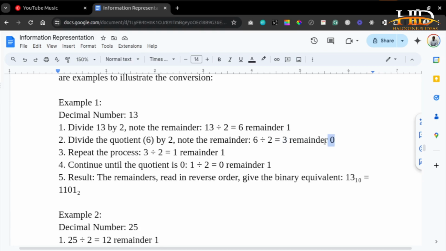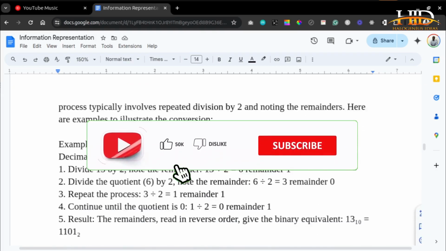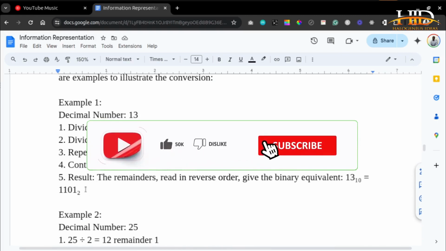I'll keep this 0 somewhere. Then I'll take this quotient again and divide by 2, which gives me 1 remainder 1. I'll note my 1 somewhere. I'll pick up this quotient and divide by 2 again. This time I'm going to have 0 remainder 1. So my final result is going to be 1101 base 2, and that is it. That is how to convert from decimal to binary.